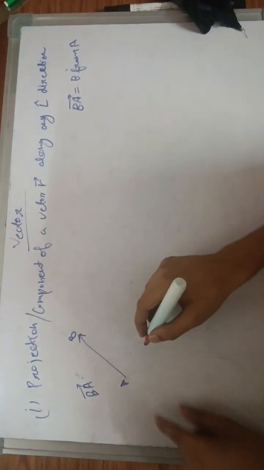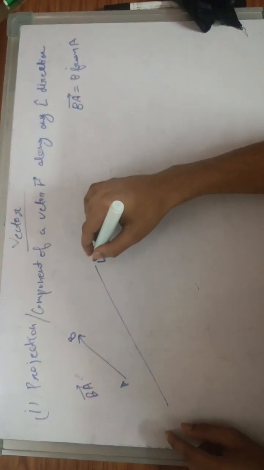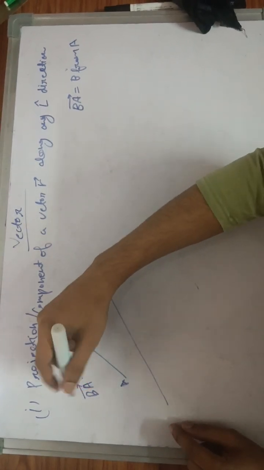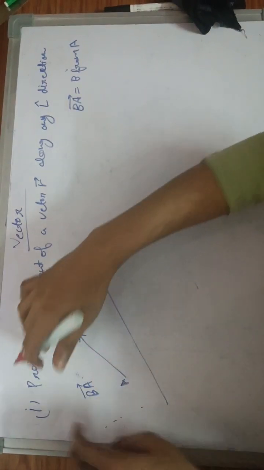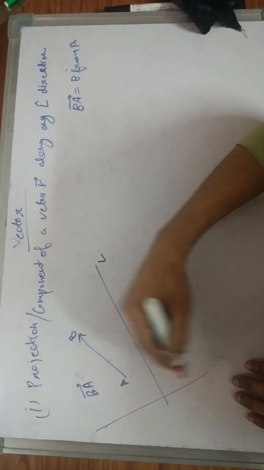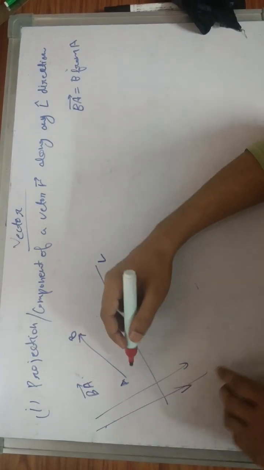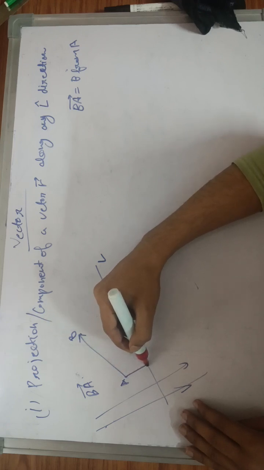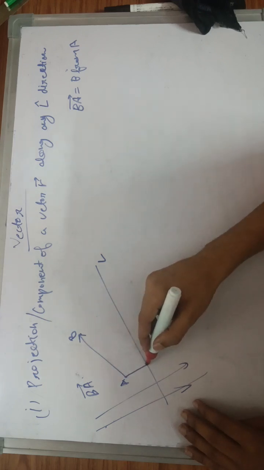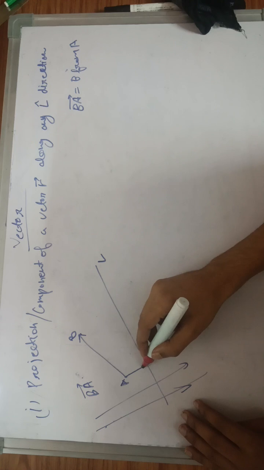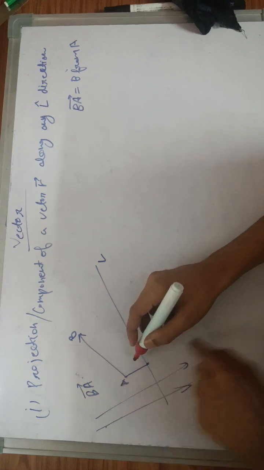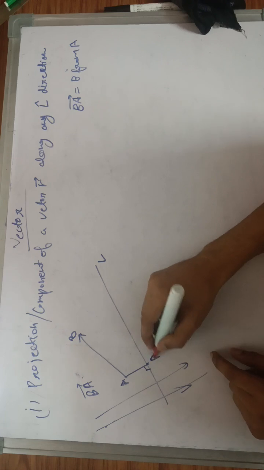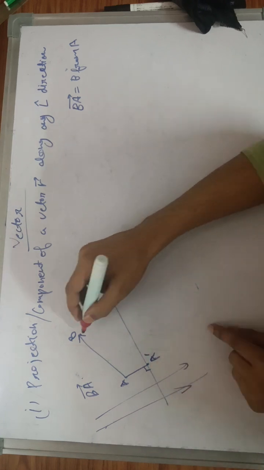Now if there is a line, this is a line L, then if I take rays falling perpendicular to this line, this point will get joined with this line by a ray falling here, which is at 90 degrees with this line. Let's say this intersection point is A dash.